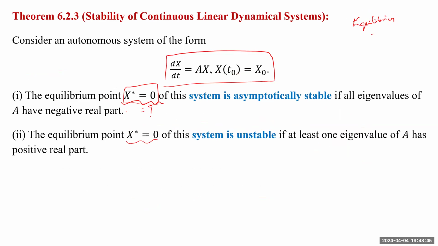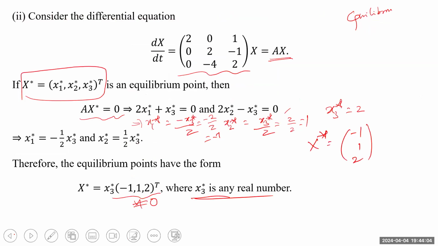What about the non-zero? X star is a non-zero vector. According to this, we got a non-zero one. For example, what about the zero vector? Let us say x star is again another 0, that is a zero vector.